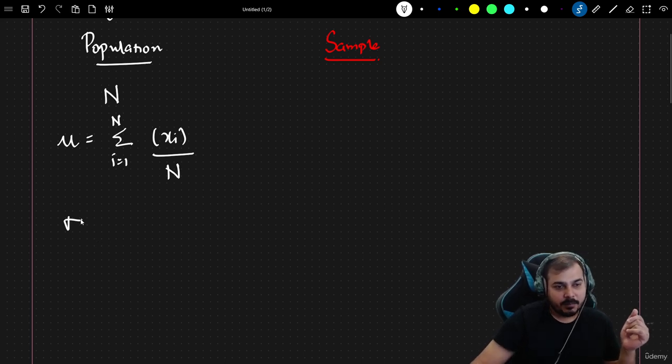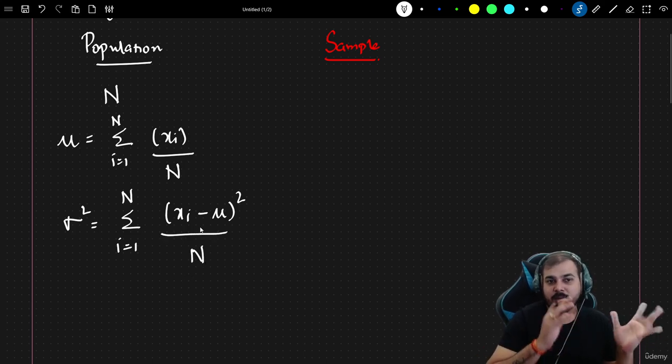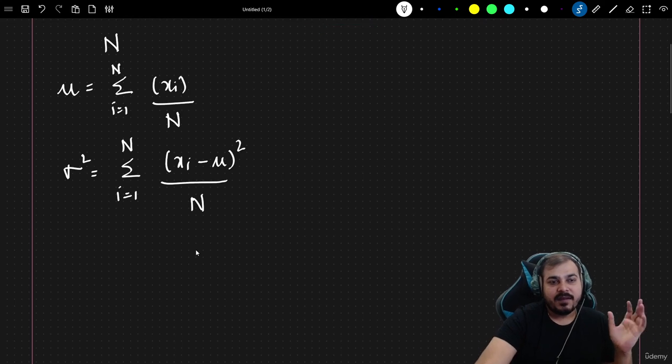Then we define the population variance, which is sigma square, and here again you have to write it as summation of i equal to 1 to N of x of i minus mu whole square divided by capital N. So this is the population variance formula. Finally, you'll see one more terminology called standard deviation.